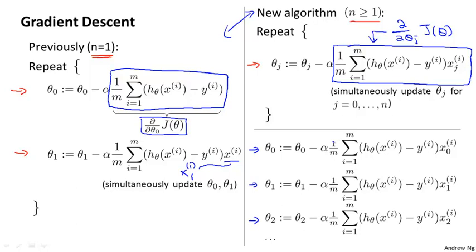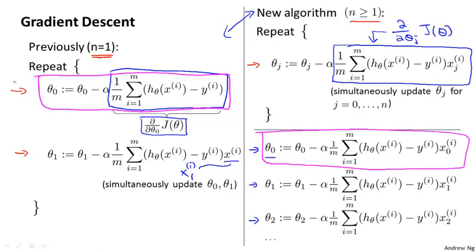If you look at the update rule for theta 0, what you find is that this update rule here is the same as the update rule that we had previously for the case of n equals 1. And the reason that they're equivalent is, of course, because in our notational convention, we had this x0 equals 1 convention, which is why these two terms that I've drawn the magenta boxes around are equivalent.